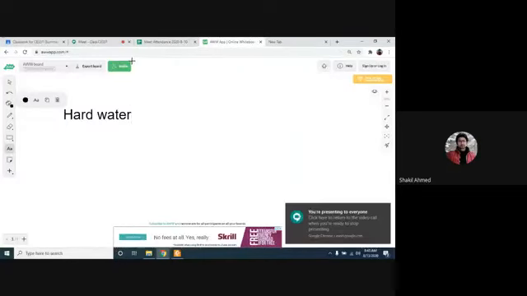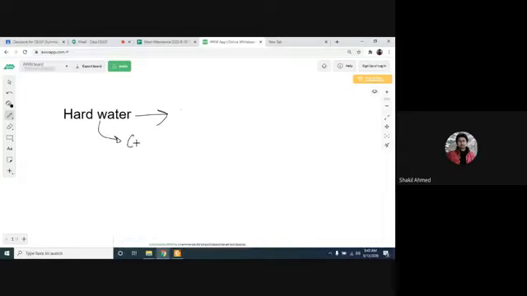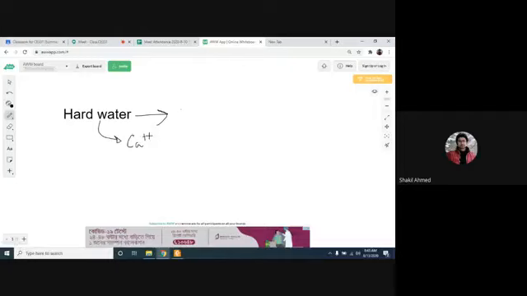Anyway, so hard water. Hard water means hard to wash, right? Why? Because it has divalent cations like calcium, magnesium, and these divalent cations react with soap, and therefore it's difficult to use hard water to wash our clothes, right?